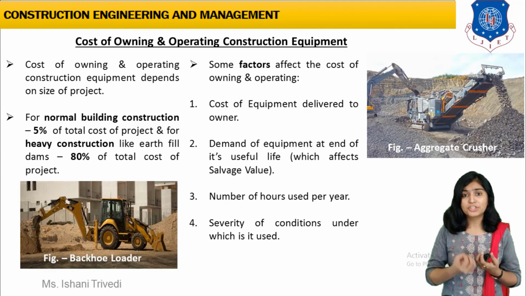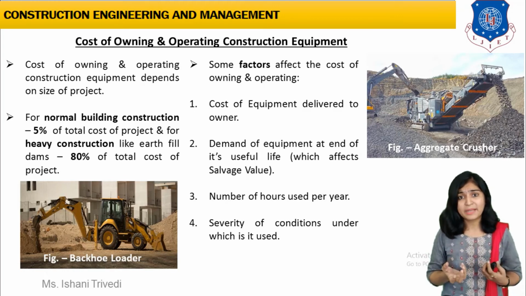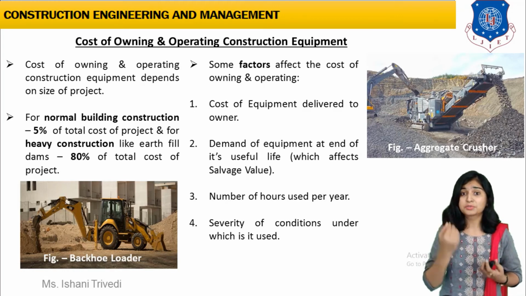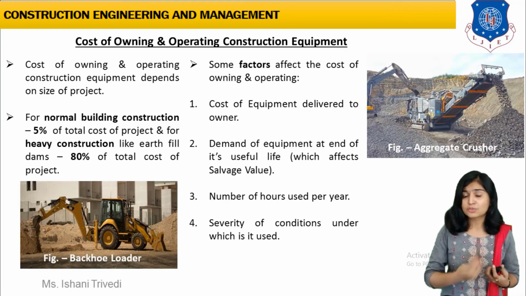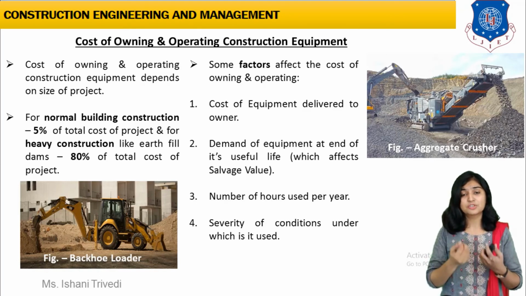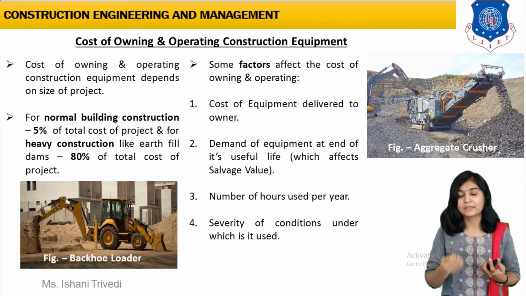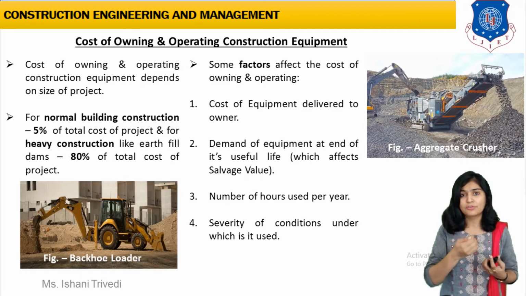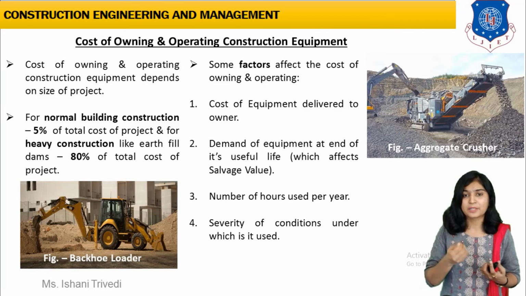The equipment is going to need maintenance, it is going to need repairs, right? Sometimes it happens that it completely breaks down. Sometimes you have to replace it. There are lots of factors to be considered once you have owned the equipment. Once you have bought the equipment, you are going to talk about various costs that will be categorized as cost of operating. So together it is cost of owning and operating equipment.